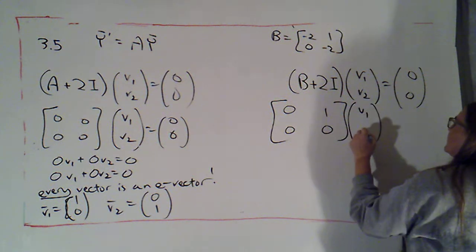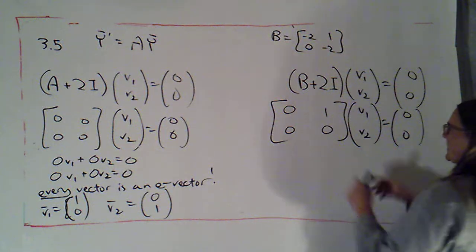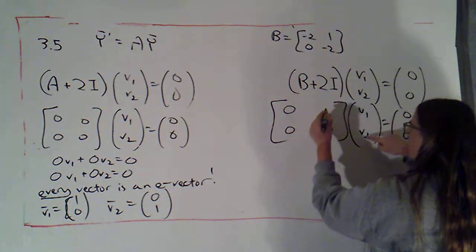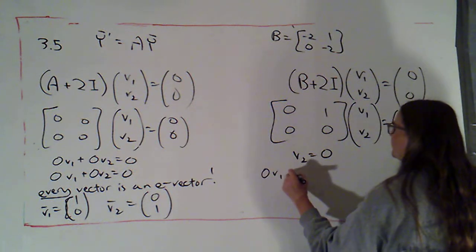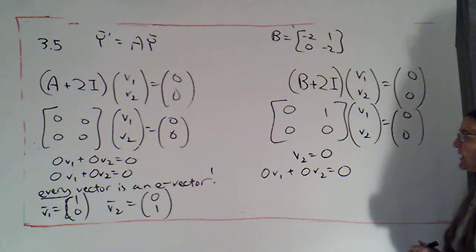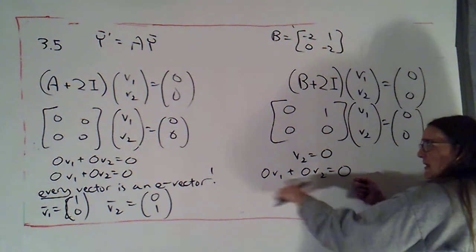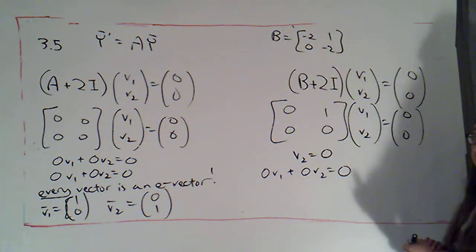So my corresponding system of equations is nothing plus v2 has to equal 0, and then 0 copies of v1 plus 0 copies of v2 has to equal 0. The second equation is always true, but the first one tells me that v2 must be 0.